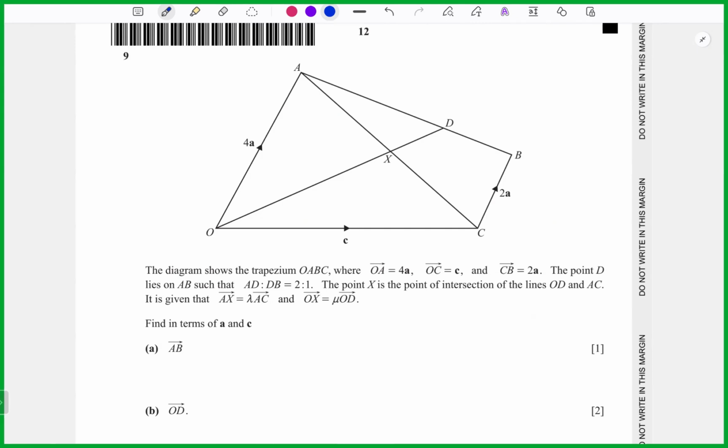AB. So we can take negative 4a plus c plus 2a, so you will get c minus 2a.